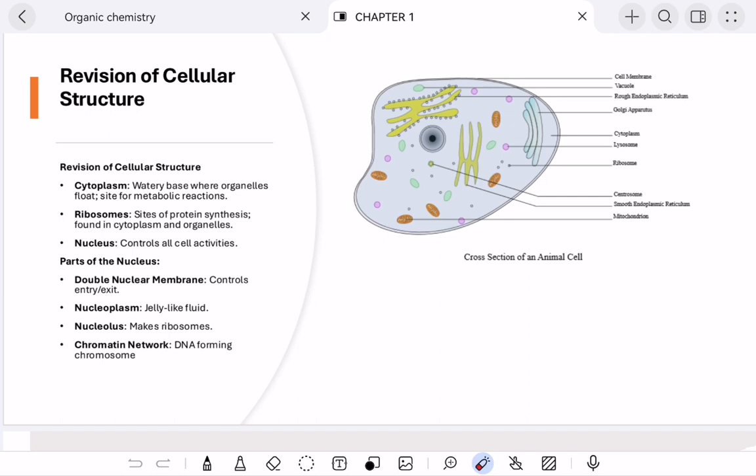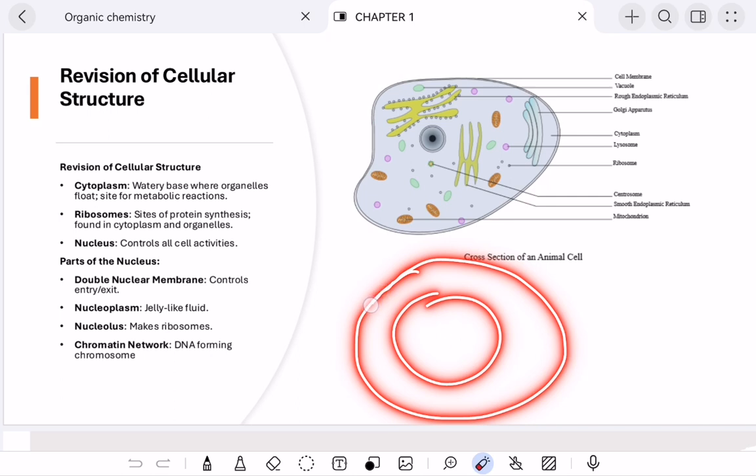And we also have a nucleus, which is one of the organelles within the cell that controls all activities that are happening within the cell. And the nucleus is double membrane, meaning that this is our nucleus. If anything wants to pass into the nucleus, it has to pass through the first membrane and through the second membrane in order to reach the inside of the nucleus, right?